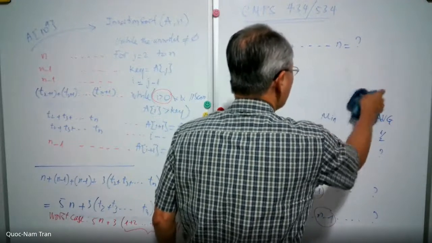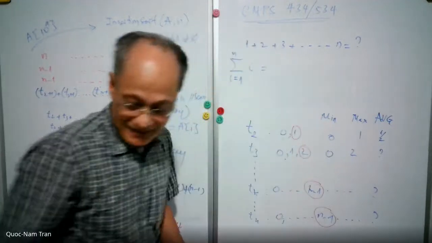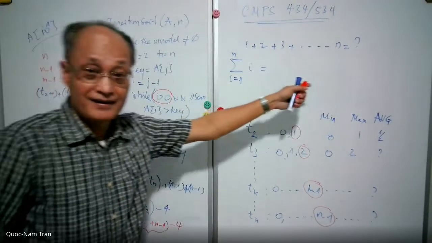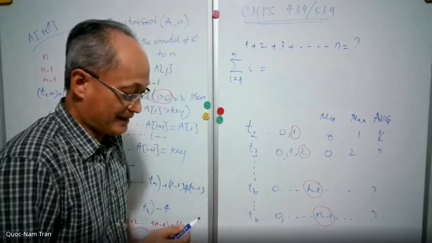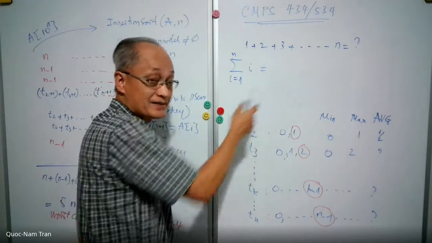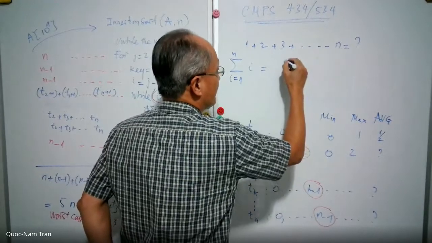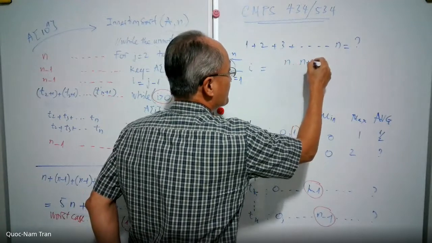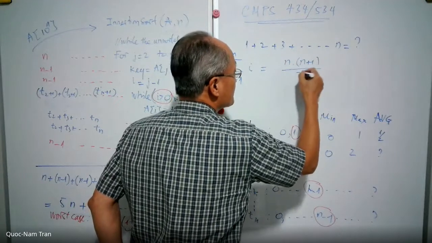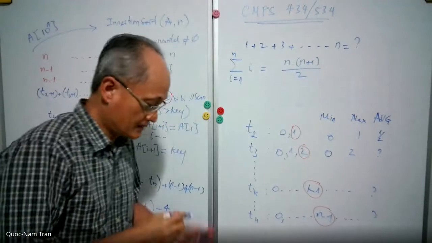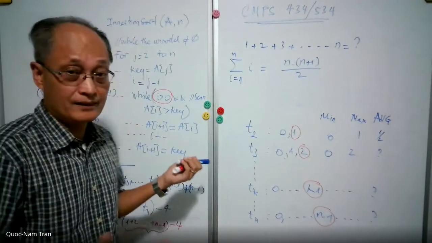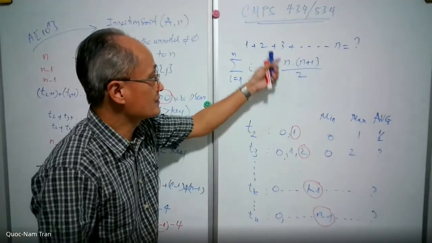What is the sum here? As I just wrote down in my sum function, this one will be n times n plus 1 divided by 2.